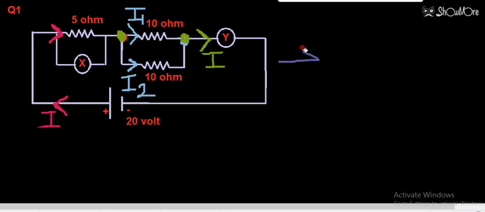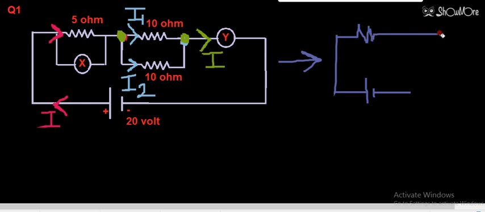So the next diagram will be: this is the battery. After the battery I have one resistance of 5 ohm, that is this one. Let's suppose this is 5 ohm, and then I have the resistances of 10 and 10.